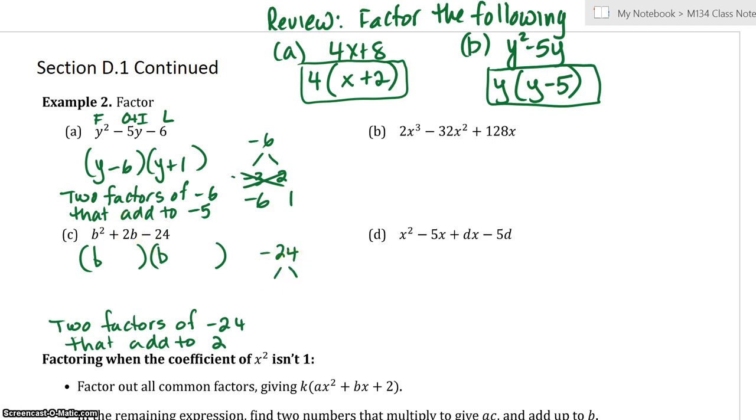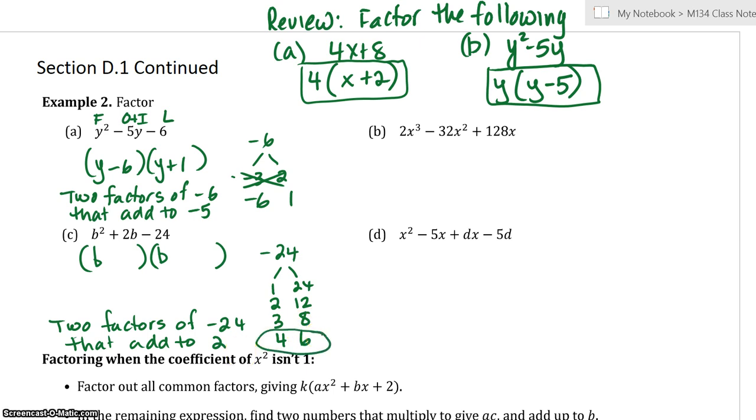So we're looking for 2 factors of negative 24 that add to 2. So what are different factors of 24? Well, there's 1 and 24. Let me just write them all down. 2 and 12. 3 and 8. And 4 and 6. The only one that has a shot of working is the 4 and the 6.